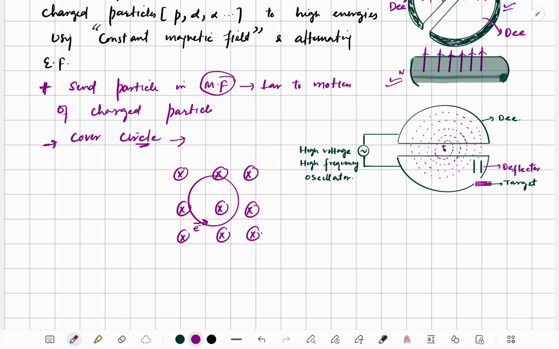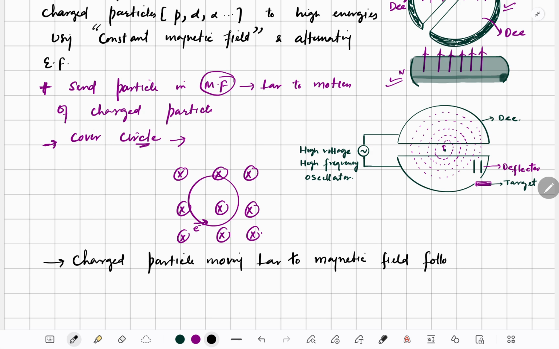The principle of the cyclotron is that a charged particle moving perpendicular to a magnetic field follows a circular path.